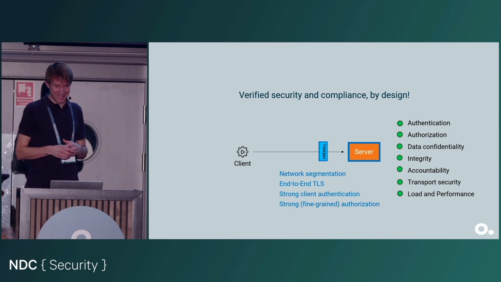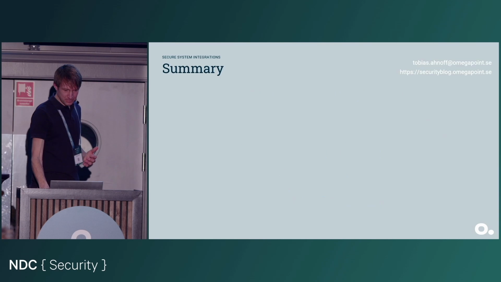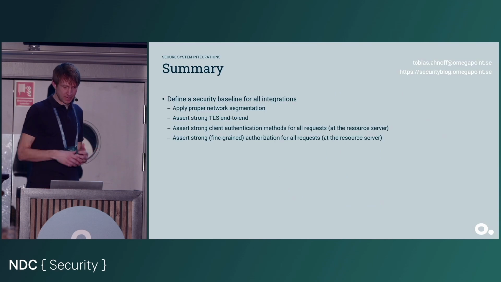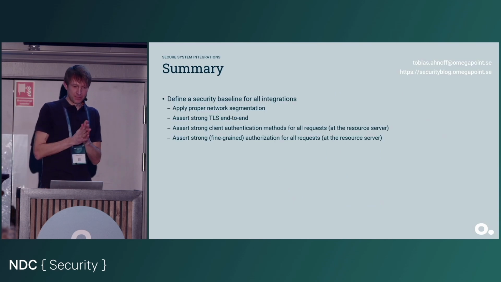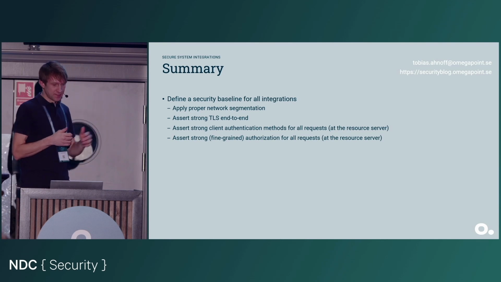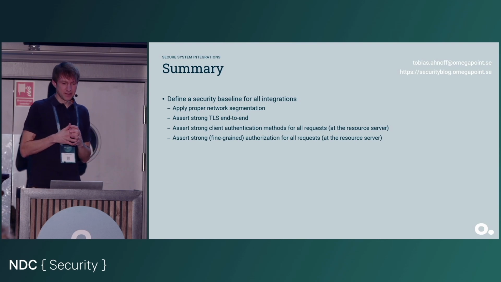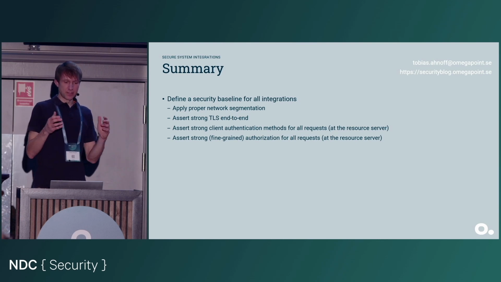So it is time to summarize. To define a security baseline, I think these are the 4 key aspects that are valid for any integration. To think of, can we restrict something with network segmentation?